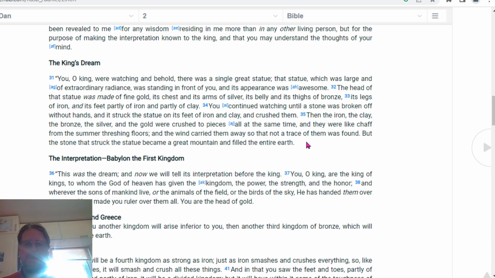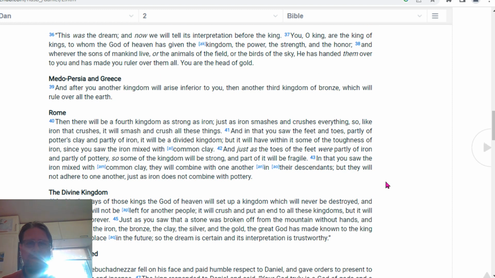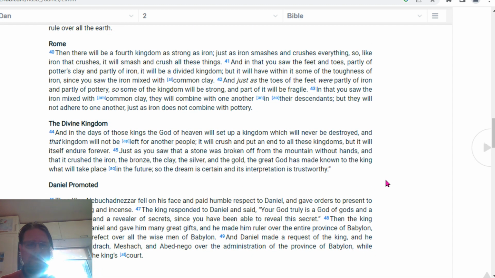It becomes the mountain. But look further on here, where he gives the interpretation of the dream. The divine kingdom. And in the days of those kings the God of heaven will set up a kingdom that will never be destroyed.